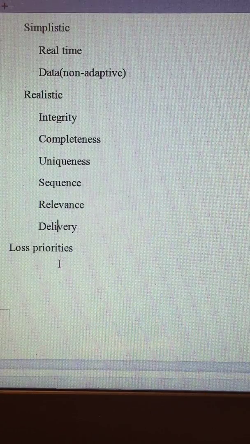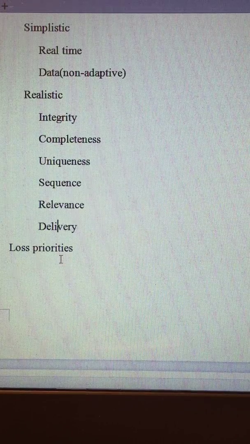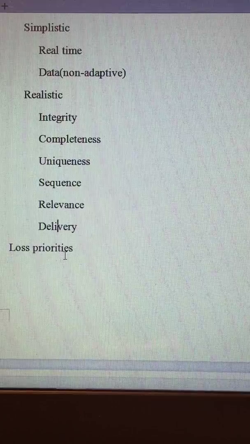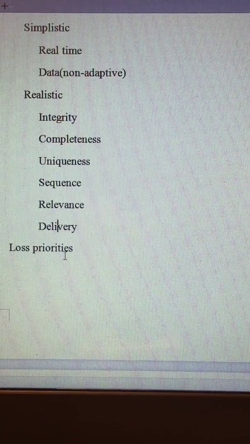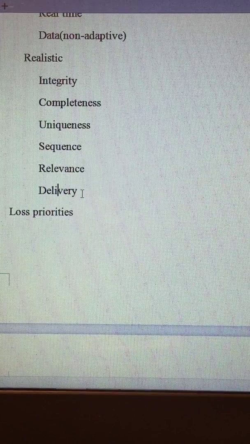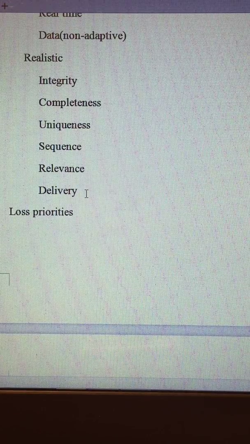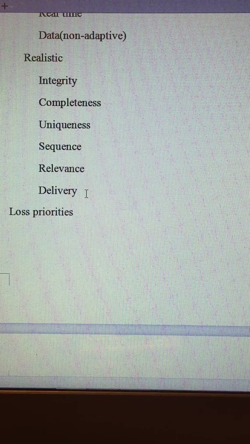Okay, so delivery means the acknowledgement has been received by set A. The acknowledgement is something that shows the other side has received the message.